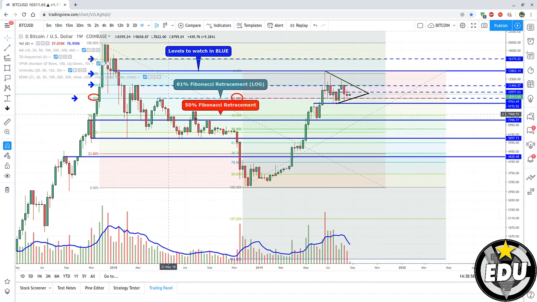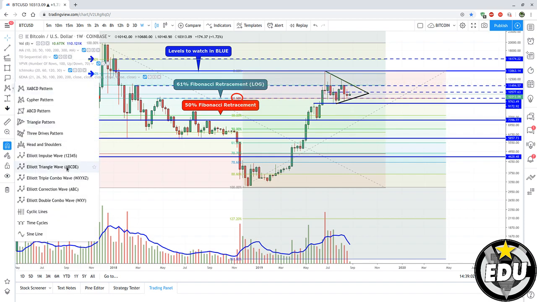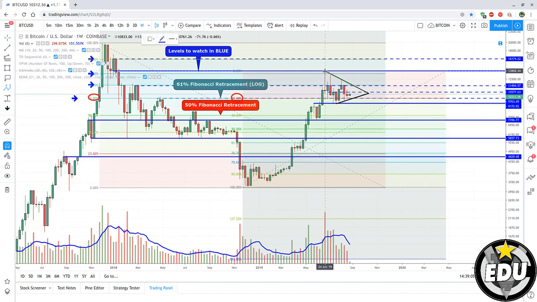So we could still go sideways here, doing maybe an ABCDE. This is the first touch at the bottom, this is the second one, C, maybe we go up here again, D, and then we'll see if we make a false breakout and drop, or it makes a continuation from there.